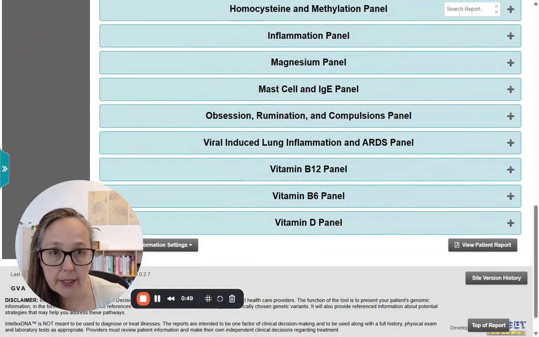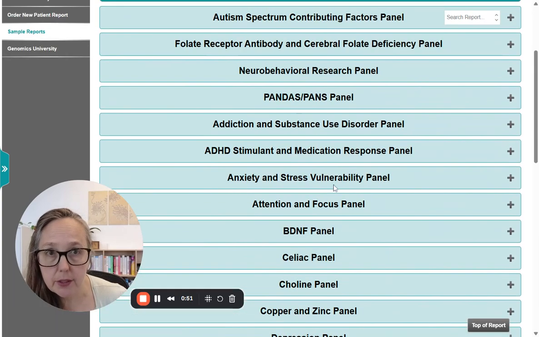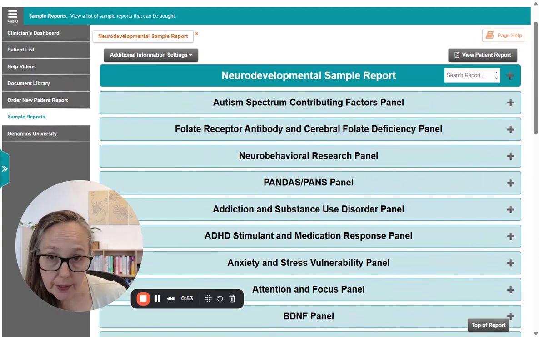It's a pretty in-depth test because it starts looking at gene variants that we know are specifically associated with autism, but there are genes that are associated with folate receptors, and there are genes related to PANS and PANDAS, which are neuropsychiatric conditions that seem to be associated with infection.